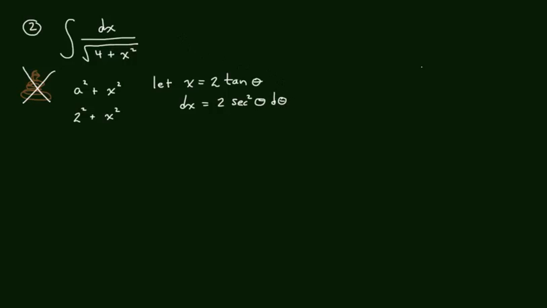Alright, I'm ready to do some substitution. For dx, I have 2 secant squared theta d theta. And then in the denominator, I have 4 plus, so I'm going to square x, so I have 4 tangent squared theta.